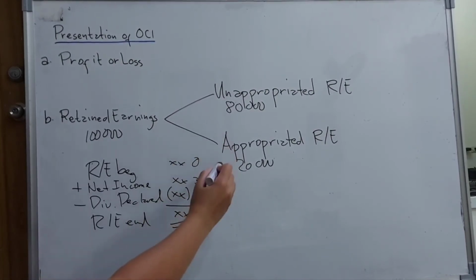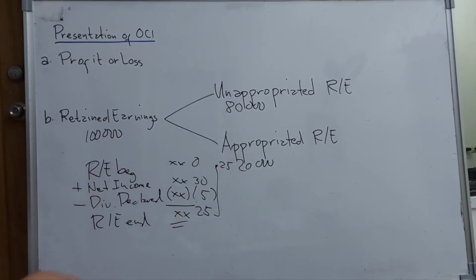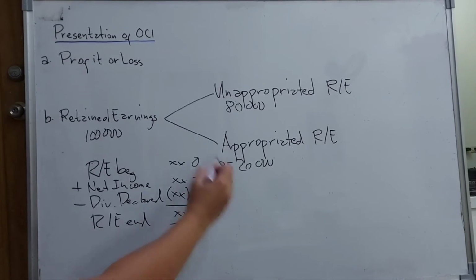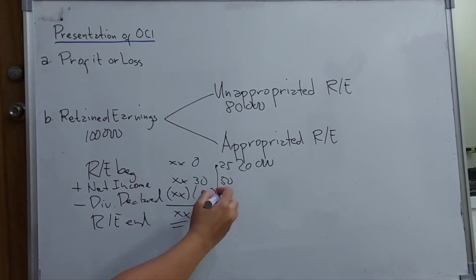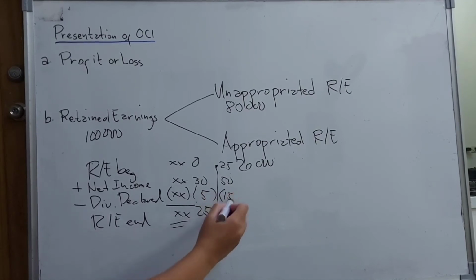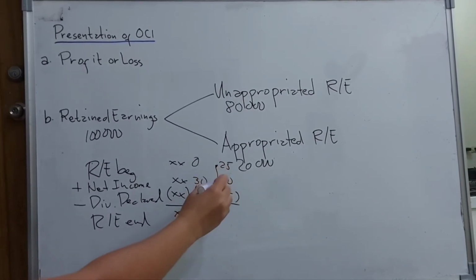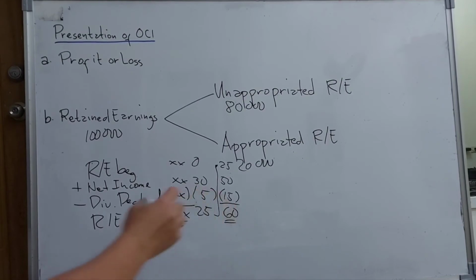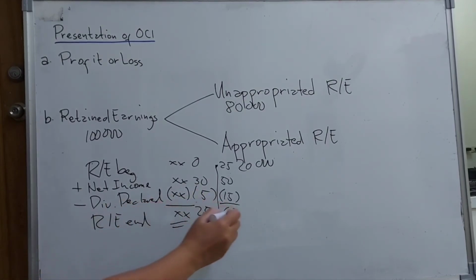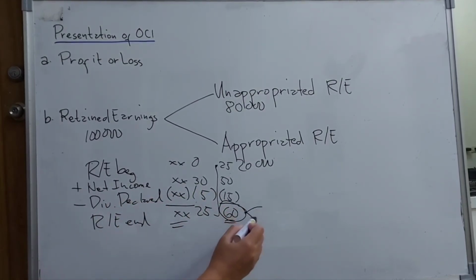The following year, 25 yung beginning. Magkakaroon ka ulit ng net income, let's say, 50. Tapos, dividend declared natin ay, let's say, 15. Okay? 25 plus 50, 75, minus 15, so 60. Ito yung retained earnings ending natin. Ito yung hahatiin mo.